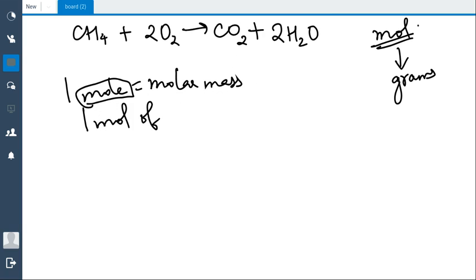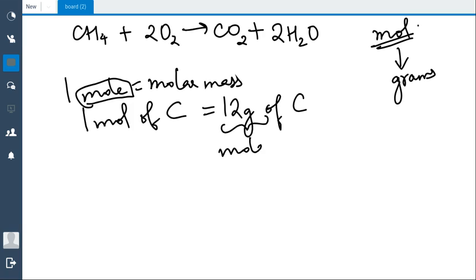So if I write 1 mole of carbon, 1 mole of carbon is equal to 12 grams of carbon. This 12 gram is the molar mass of carbon.